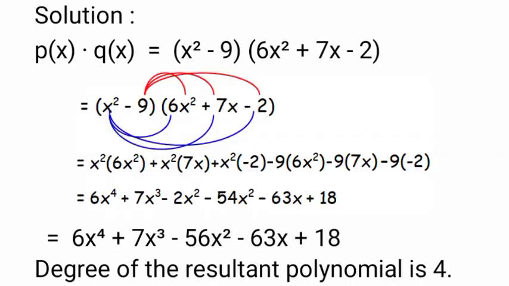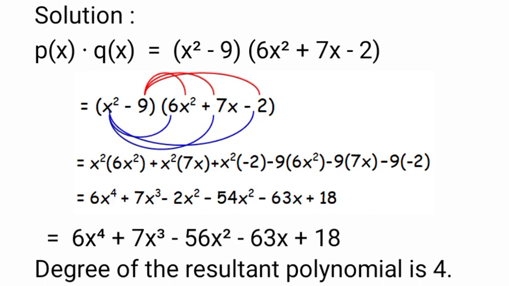Okay. Solution: p of x is x square minus 9, q of x is 6x square plus 7x minus 2. Multiply means p of x into q of x, that equal to x square minus 9 into 6x square plus 7x minus 2.